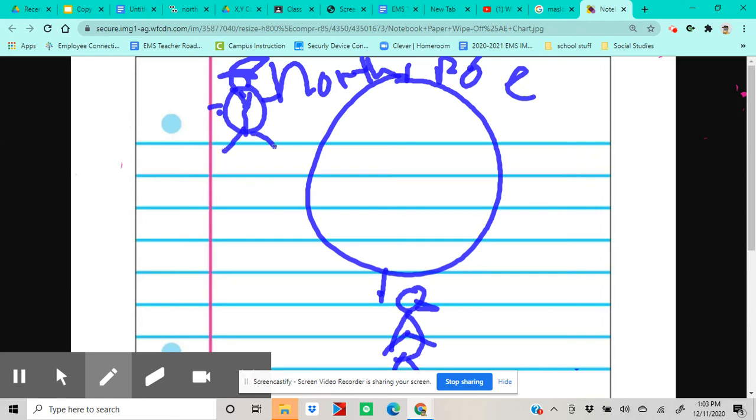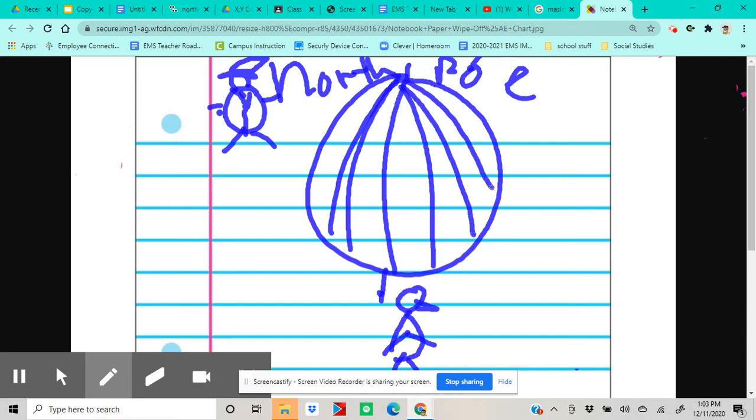So we're going to add our meridians. And those meridians curve around the Earth. If you think of them as sections of an orange, it will give you a good example.